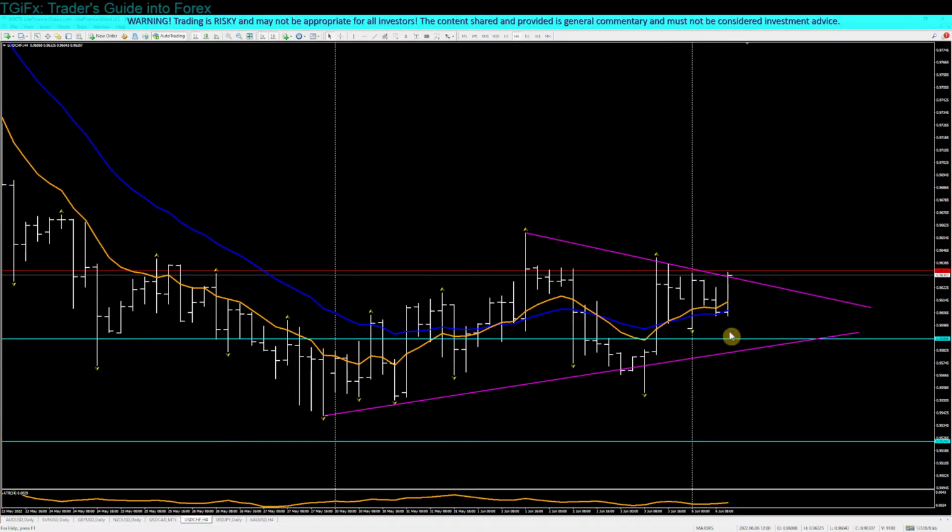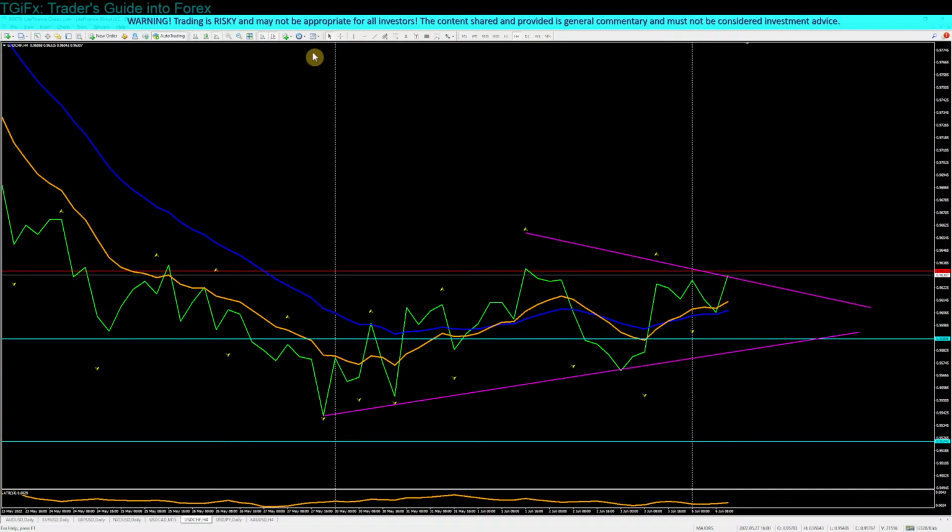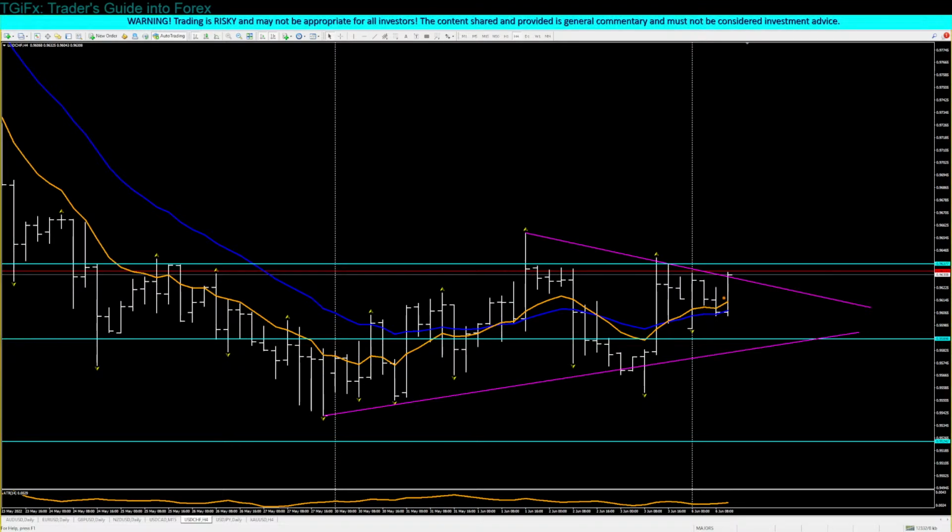So at the same time, if you're not looking at that symmetrical triangle and you are seeing this horizontal line as your resistance, then the same thing. Would love to see that breakout of that level first. Then at the same time, you will have that uptrend again as a confirmation for the breakout. So yun po yung actually inaabangan ko para makita talaga natin yung bullish run in this case, right?